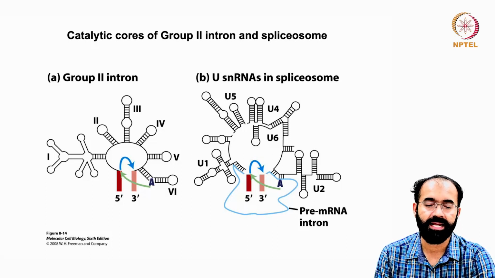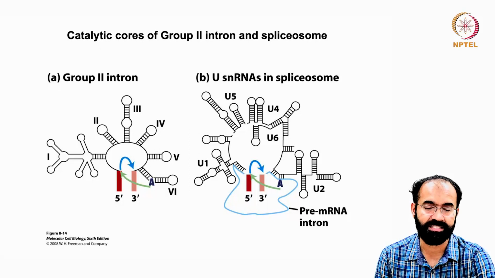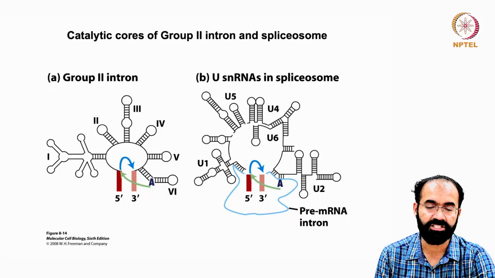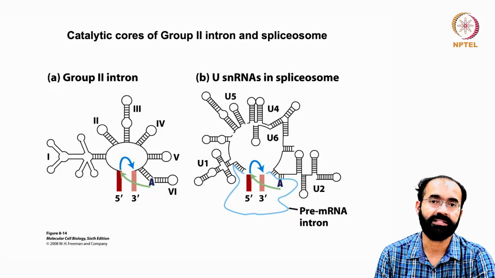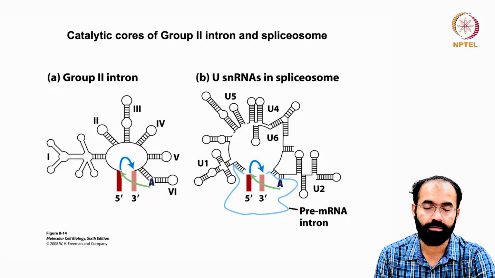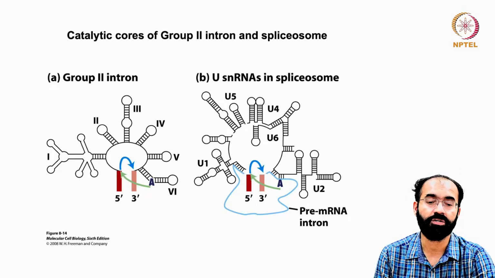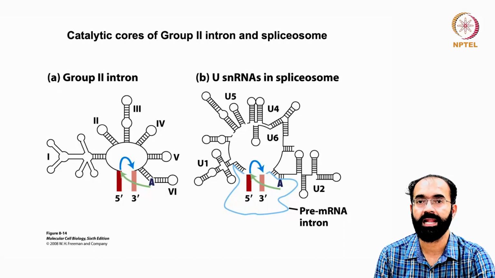But here the entire sequence, entire arms, entire stem loops, they are all formed by the group 2 intron sequence itself, whereas these structures are formed in a typical snRNA mediated splicing with the help of various snRNAs such as U1, U5, U4, U6, U2, etc. So these are external RNA molecules that contribute to the formation of a structure that is similar to that of the group 2 intron alone.